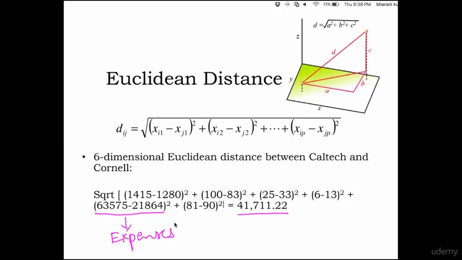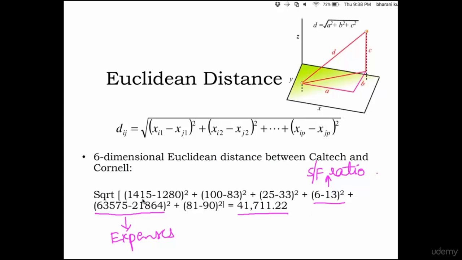All variables are equally important. How can one variable contribute significantly in calculating the distance? If you look at the student-faculty ratio, its contribution towards the overall distance is negligible, minuscule. So we need to bear all of these things in mind when we calculate.